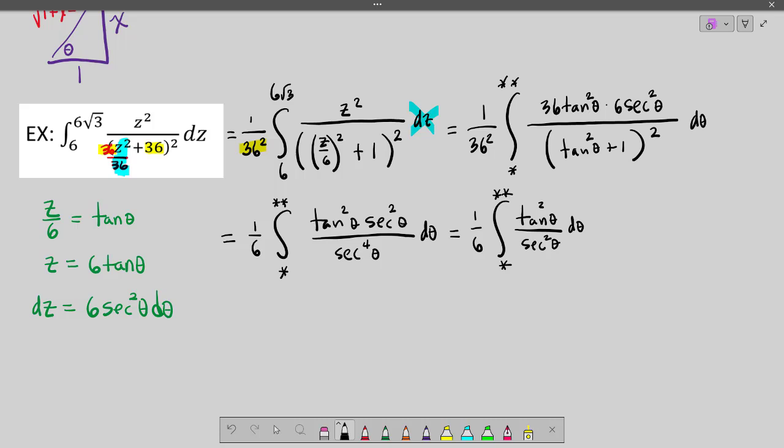Okay. So here we've got a pile of tangents and secants. And our rule was if secant had an even power or tangent had an odd power, neither of those are applying here. Yes, the power in secant's even, but it's in the denominator, so that doesn't count.